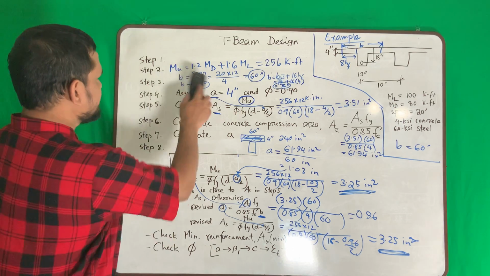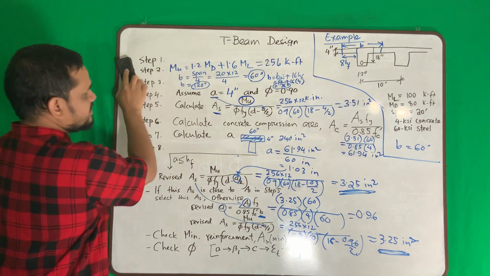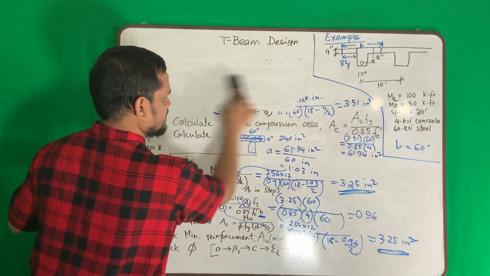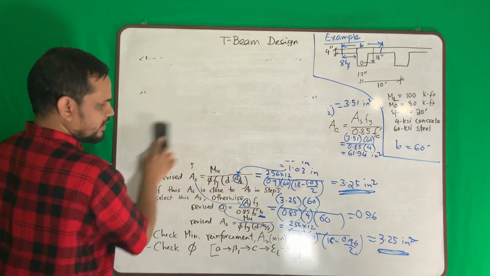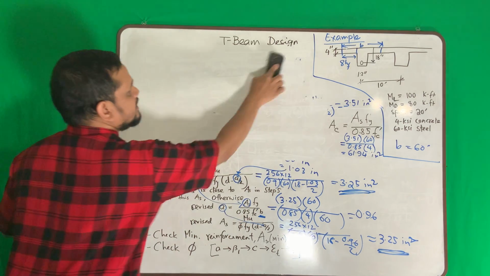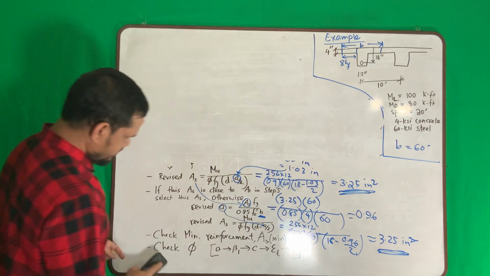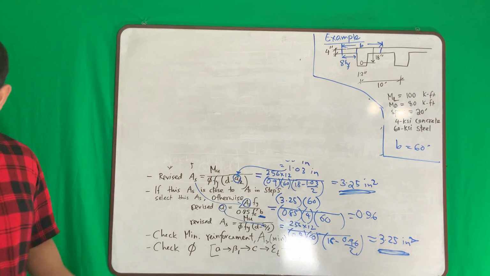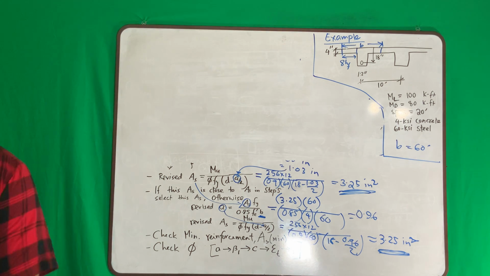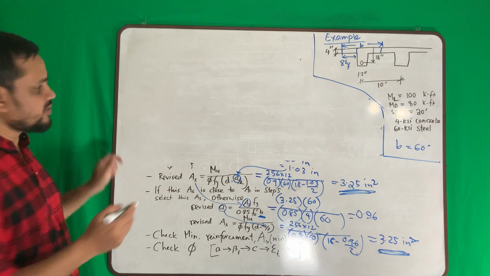So I will delete some space here. Okay. So we got our reinforcement. Then what we will do? Check minimum reinforcement and check phi. Okay, if I do quickly, what is the equation for minimum reinforcement?